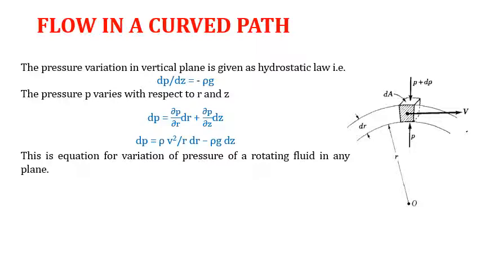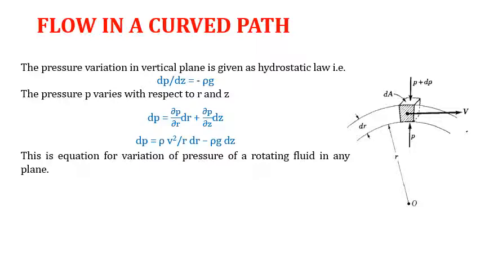So we need to consider the pressure variation with respect to both the radius and elevation. Combining both the expressions, the total change in pressure dP will be partially because of the radius and partially because of the elevation. The change because of the radius is written as partial P over partial R into dr, and the change because of elevation is partial P over partial Z into dz.